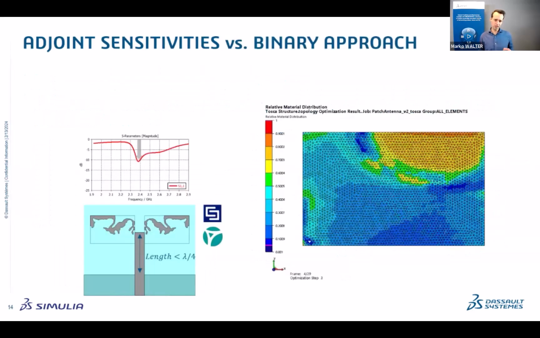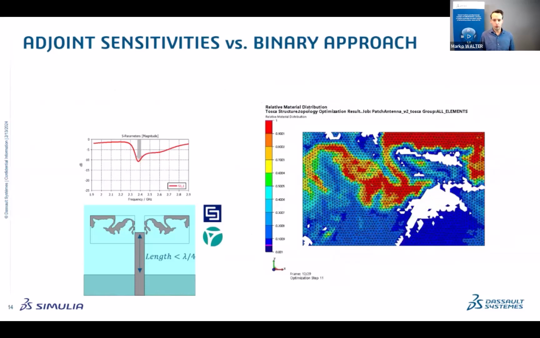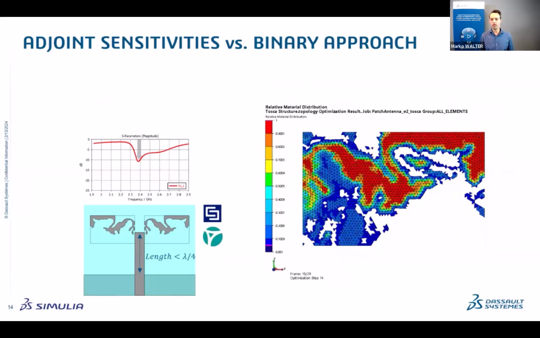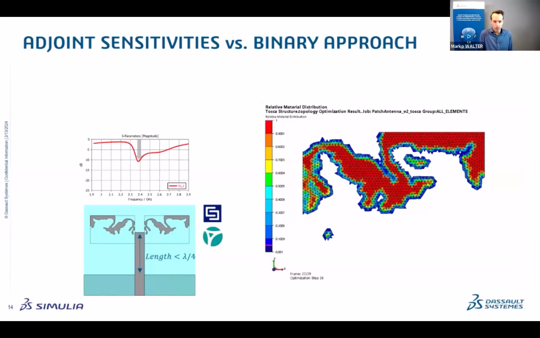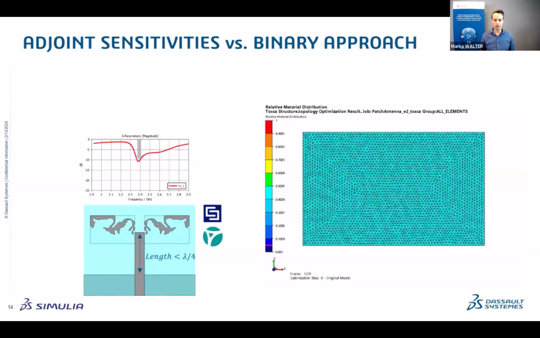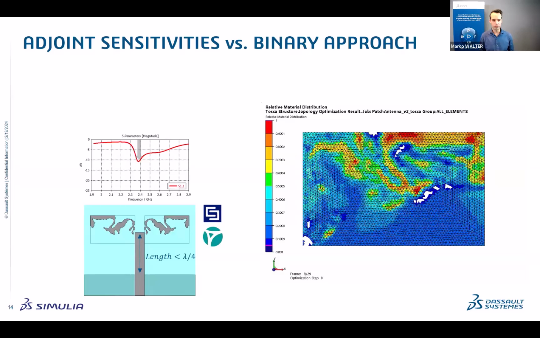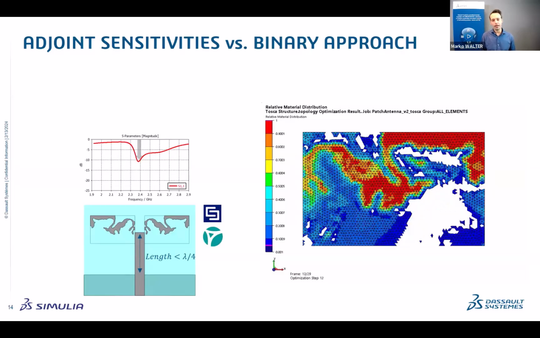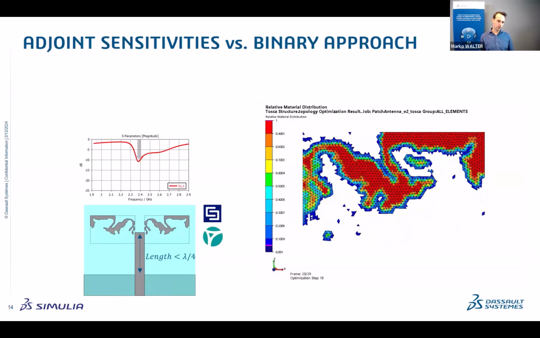Now, here is a simple illustration of how efficient this is. We have a short printed monopole where the parasitic elements are used to obtain a good input match at 2.4 gigahertz, because of course, when it gets so short, the radiation resistance is getting much lower, and so it's tough to match this. And yeah, so you can just see the topology coming together here, and you can see those intermediate densities falling out and just the red sort of topology remaining.